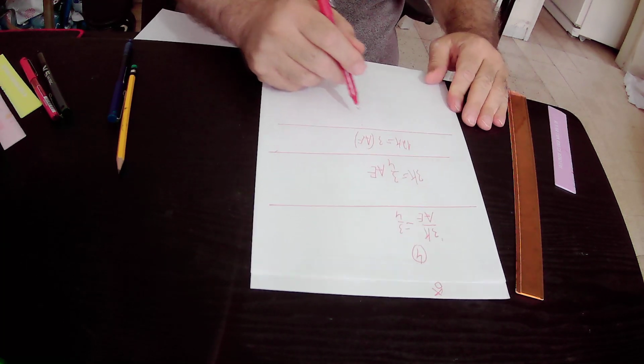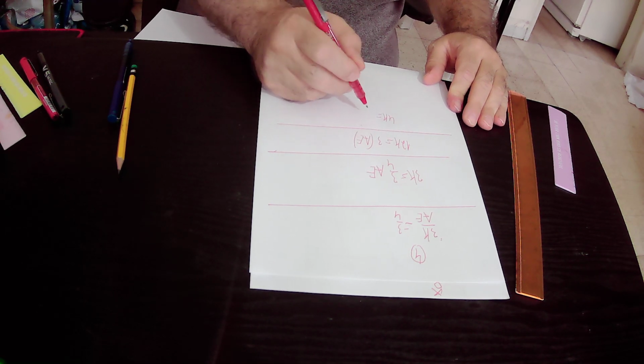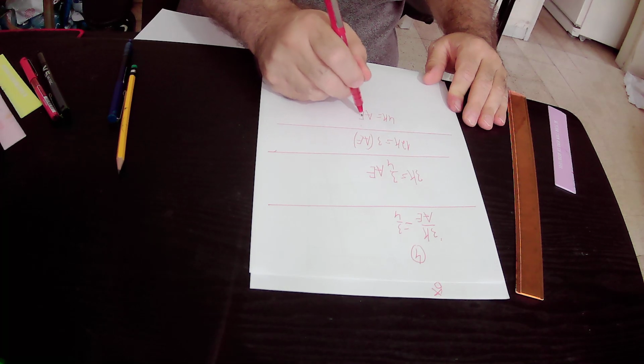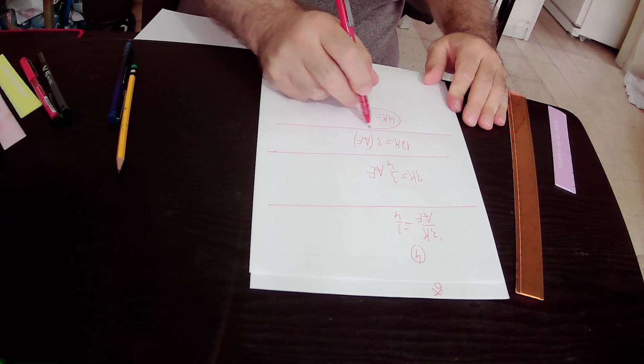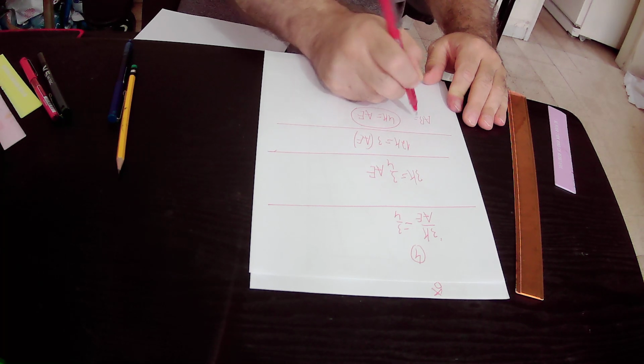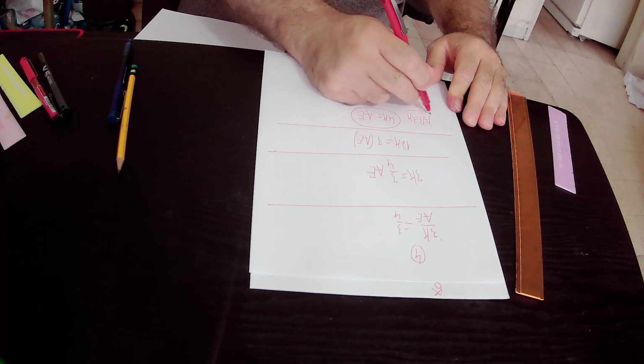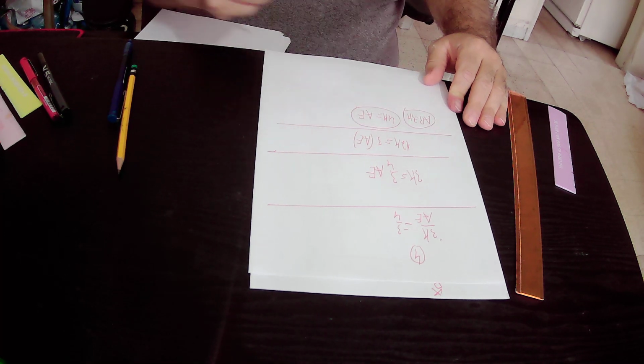Twelve over 3 is 4, so 4K equals AE. So we found out that if AB equals 3K, then AE must be equal to 4K. Okay?